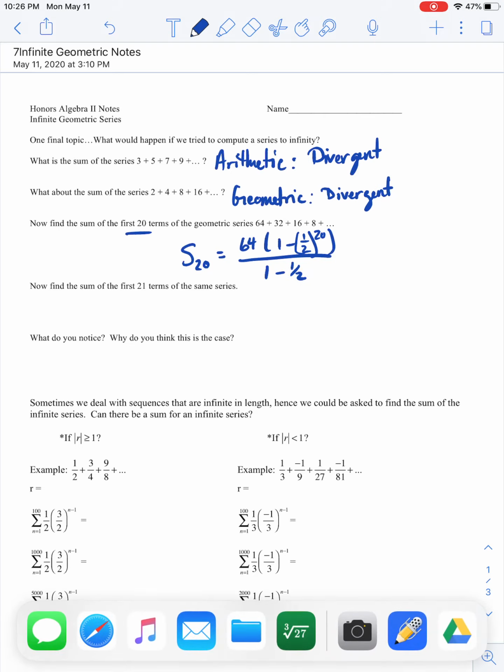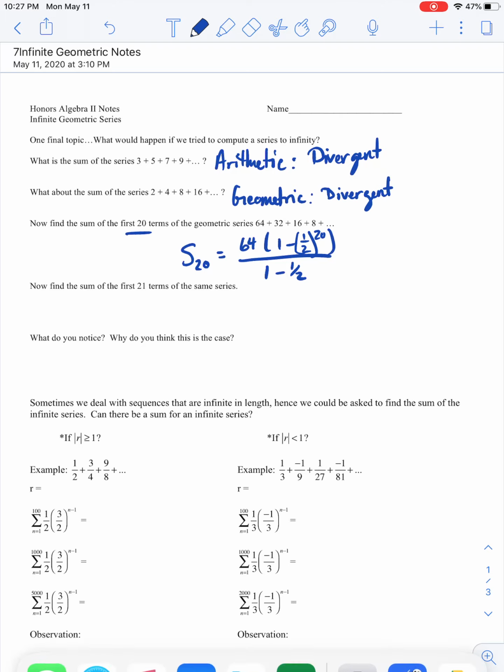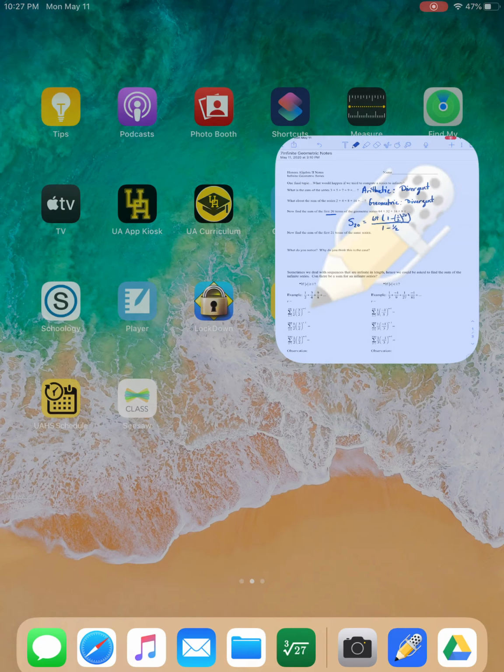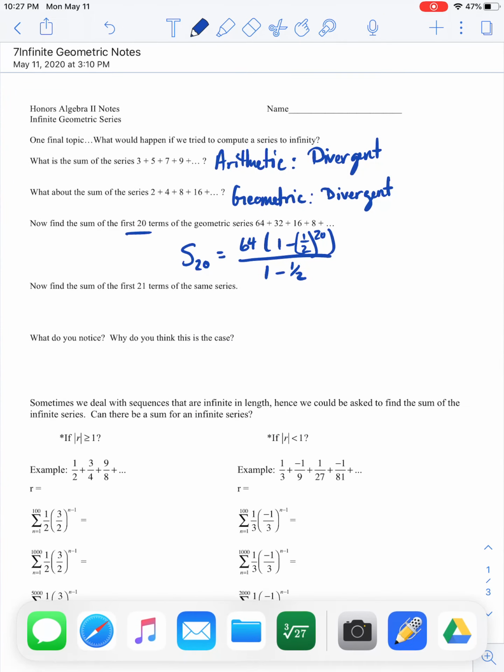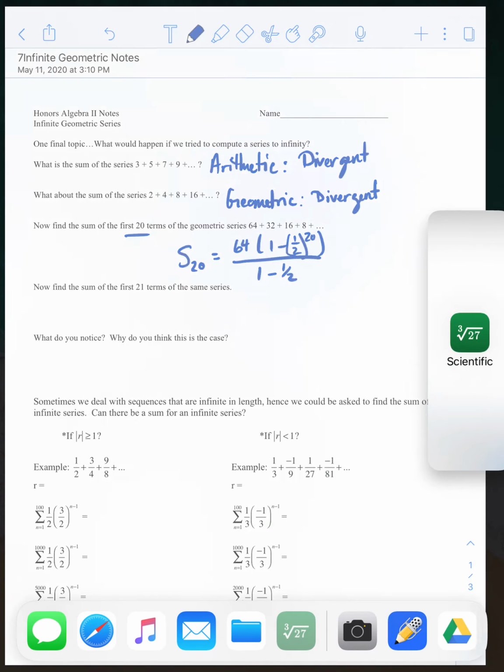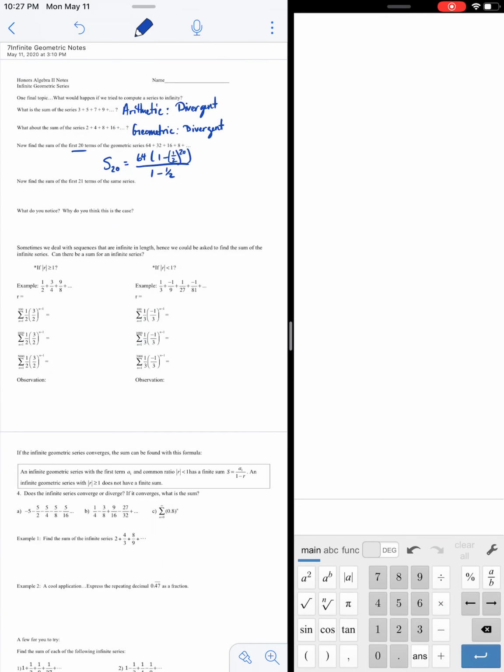Okay, so definitely going to need our calculator today here. So 64 times 1 minus, I'm going to do it as a decimal, 0.5 raised to the 20th.